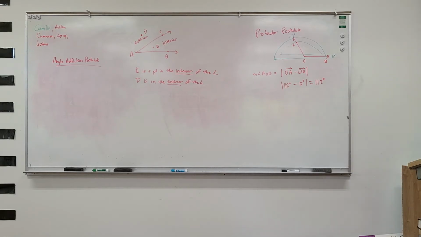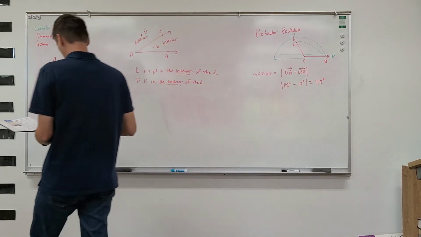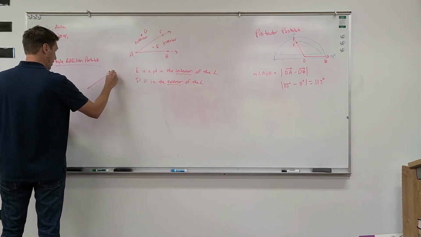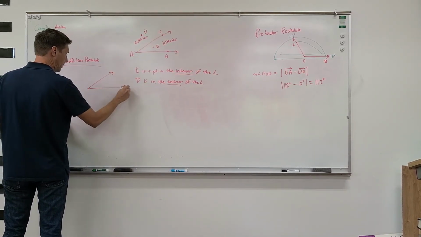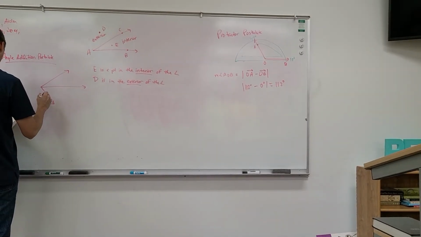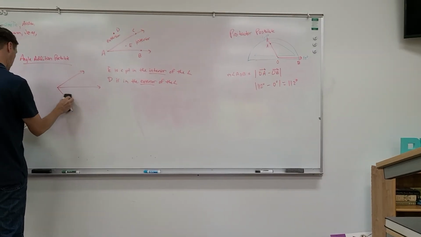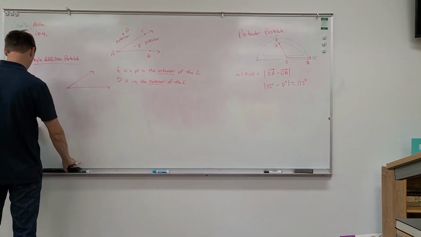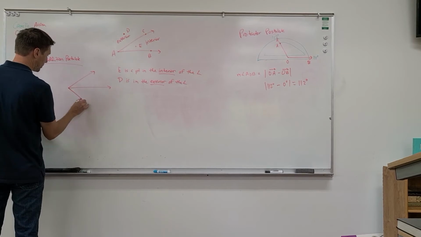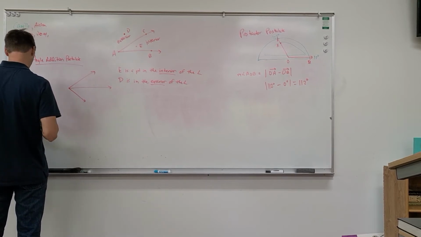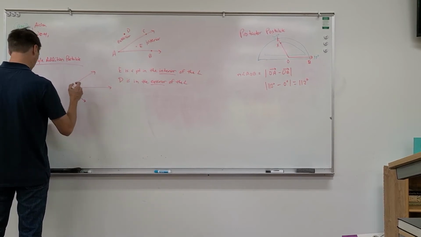But we'll see. All right, so let's do the angle addition postulate. And that says, if I have a couple of angles that look like this, and I kind of drew that wrong, but it's based on stuff that they've got in here that's not really accurate with what I've told you.